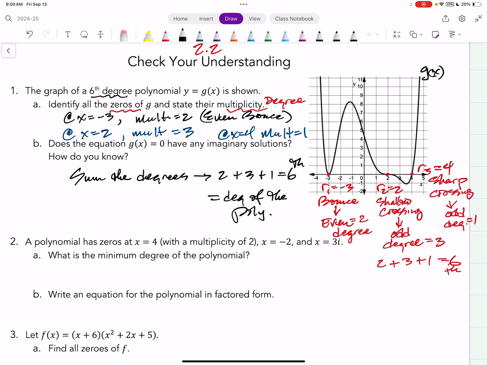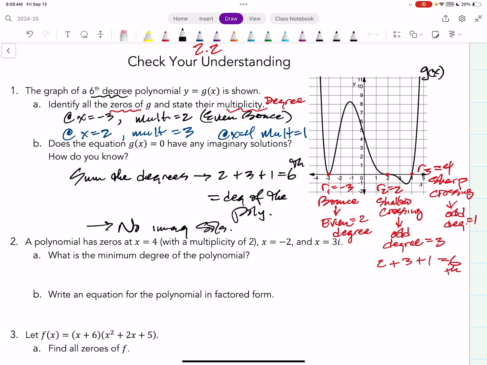If they said we had maybe an 8th degree polynomial, then we would have imaginary solutions here. So since the sum of the degrees equals the degree of the polynomial, we're going to say no imaginary solutions.